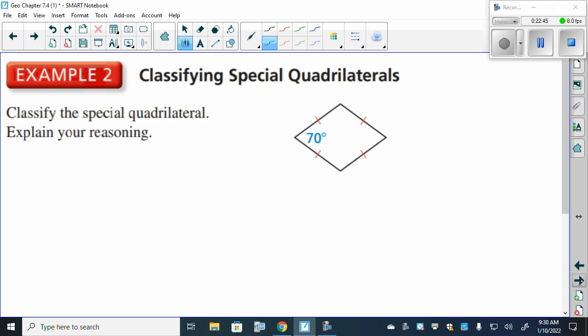Classify this special quadrilateral. Since it's not asking for all of them, we're only going to look at the most specific definition. Now, because it has 4 sides, we know that it is a quadrilateral.